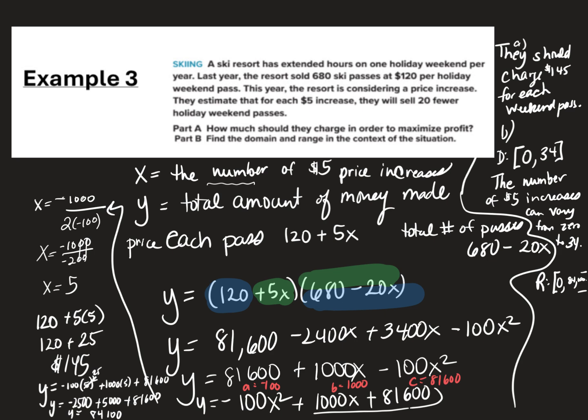And in explaining that in the context of the situation, the maximum amount of money earned can vary from $0 to $84,100. And that's my answer for that one.